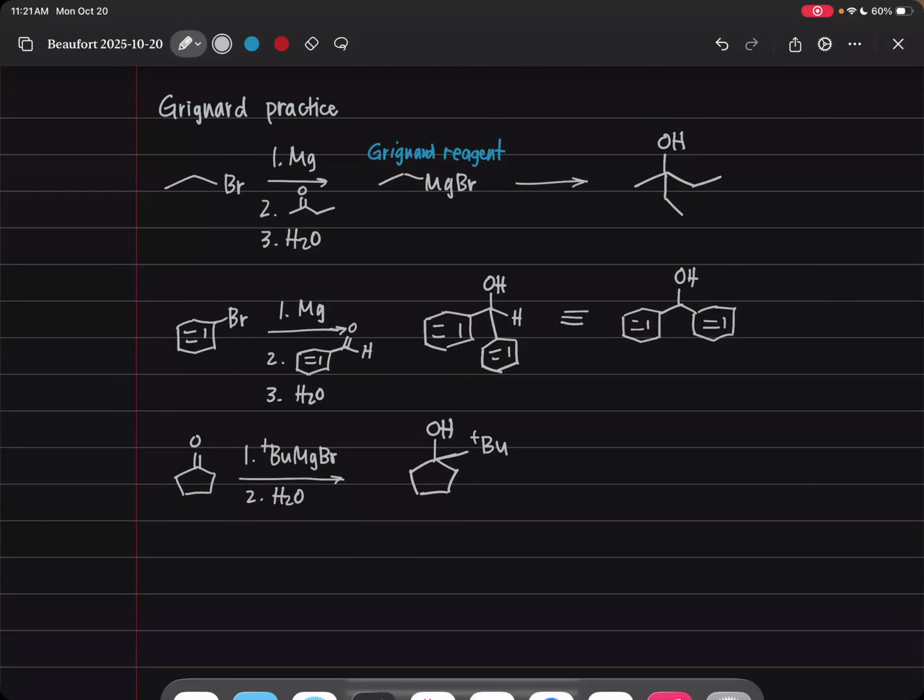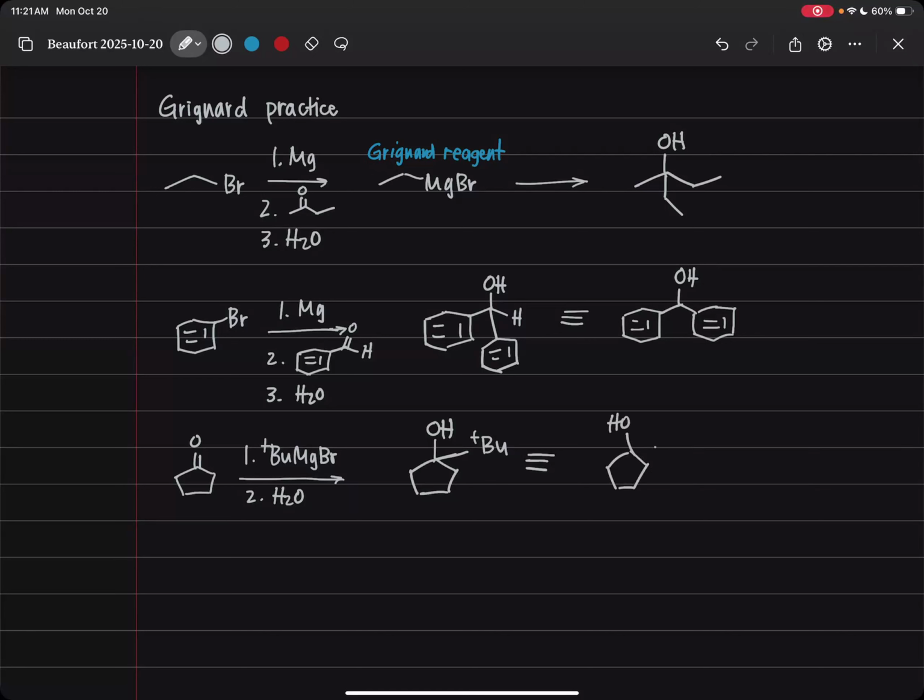We could also write this as that. That's a tert-butyl group. Okay, how do we feel about the Grignard reaction?